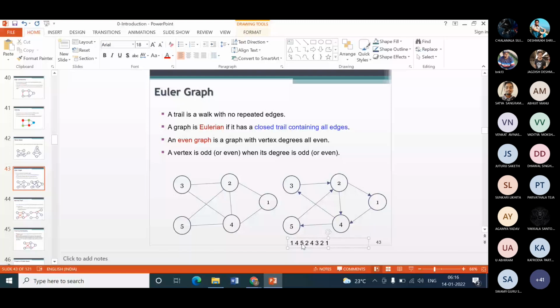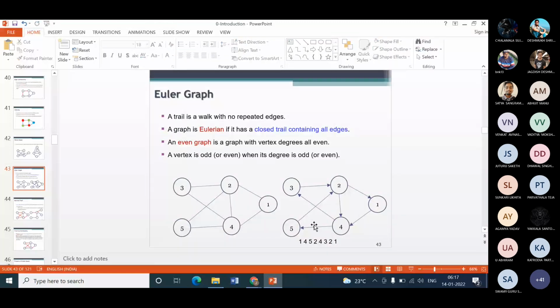Now what it says in this closed trail, so this is my C. C is this closed trail. Every passage through a vertex, suppose you start from 1, an edge leaves from here, 1 4. Now for all the intermediate vertices like 4, 5, 2 and 3, you come into the vertex through an edge and you leave it through another edge.